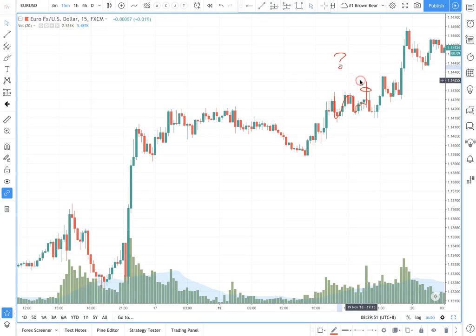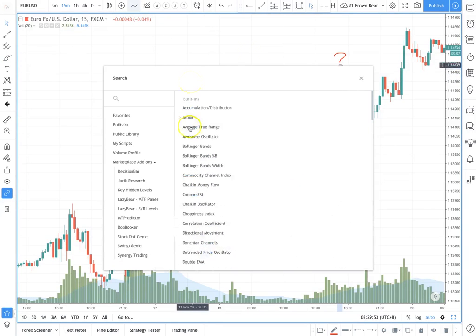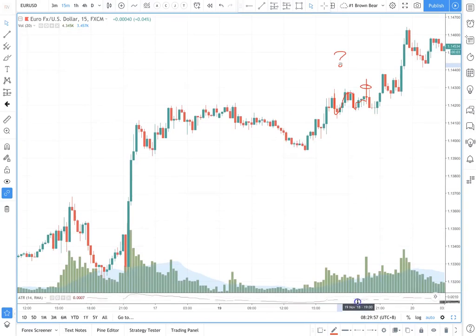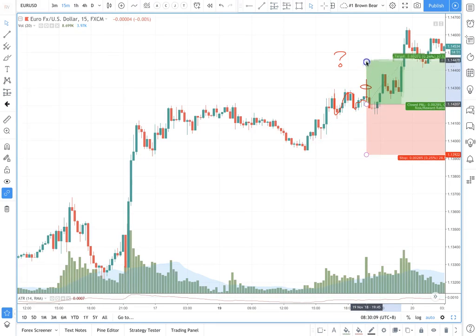So if you look at the ATR at this point, let's pull up the ATR. Okay, let's shrink this down. The ATR at that time is 7 pips. So 2 times 7 is 14. So you're looking at 14 pips of take profit.